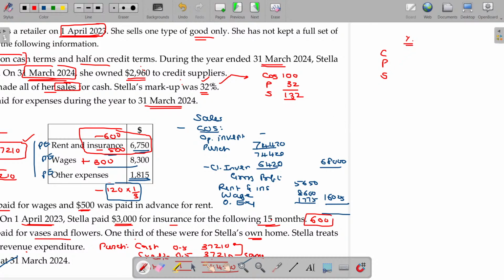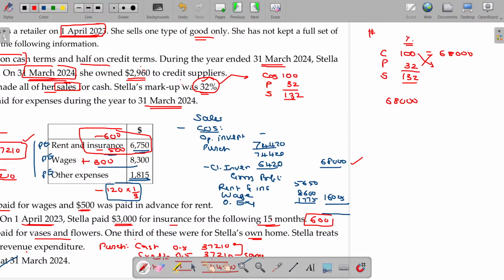Here it is clearly stated 32% markup. Whenever the term markup is given, cost should be 100, profit should be 32, and sales should be 132. Now we have been given the cost of sales, which is 68,000. So this will be 68,000 rupees. Then you can calculate the profit and the sales easily by using this working note.